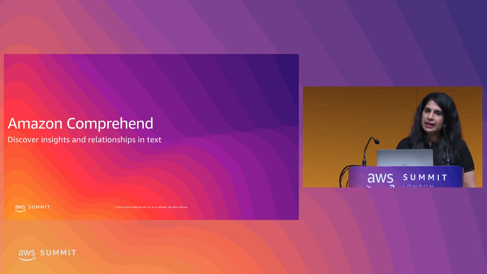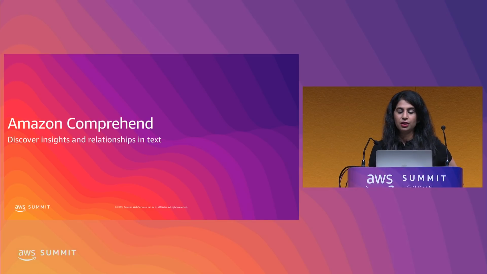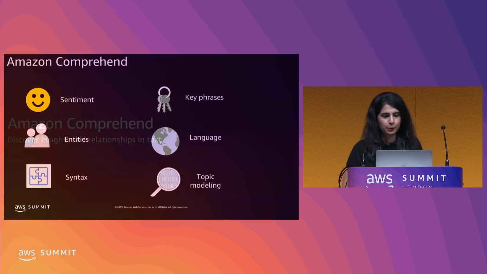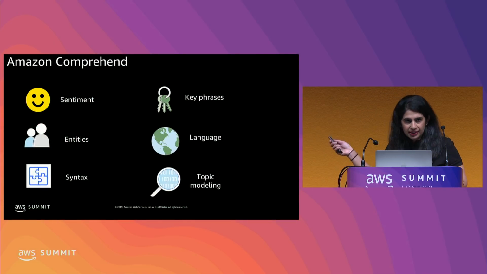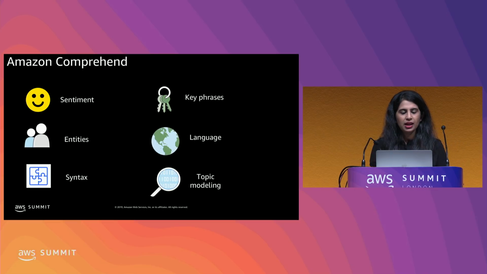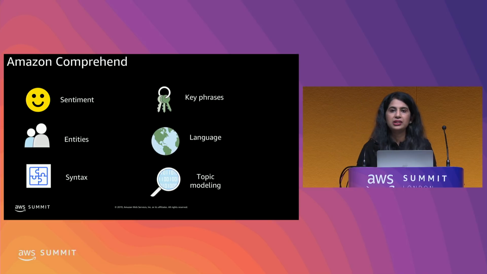So the next one up is Amazon Comprehend, a fully managed and continuously trained service that helps you extract insights from unstructured text. Think of each of these features and capabilities as feature APIs. We use deep learning to power these APIs, which results in high accuracy and continuous improvements over time with usage. So you can extract sentiments from data. This could be positive, negative, or mixed sentiments.